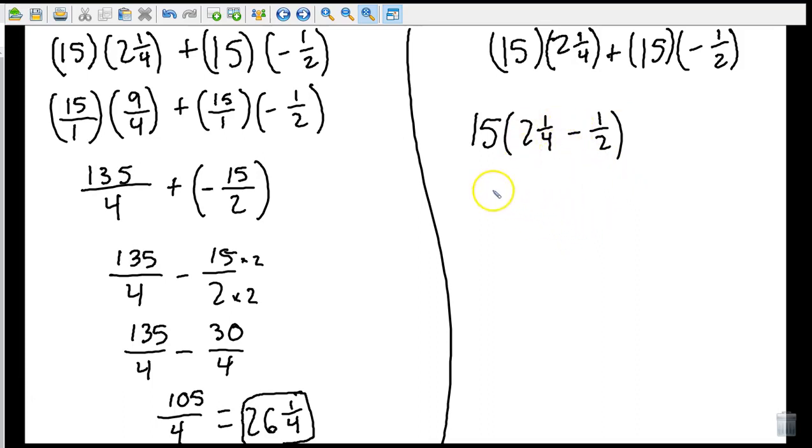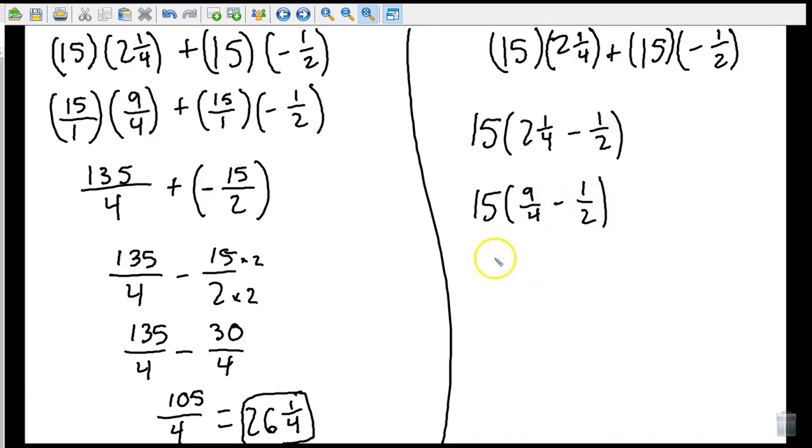So let's turn them to improper fractions. Let's turn this to an improper fraction. I get 2 1/4, like we said over here, was 9/4 minus 1/2. Oh, shucks, we still can't do it. Why? Because we do not have a common denominator.